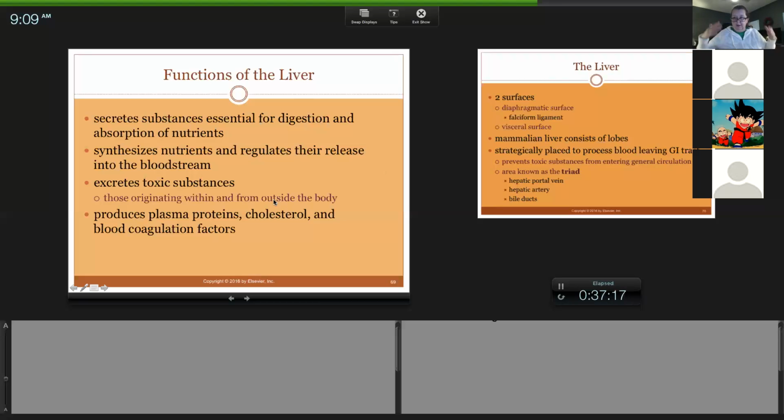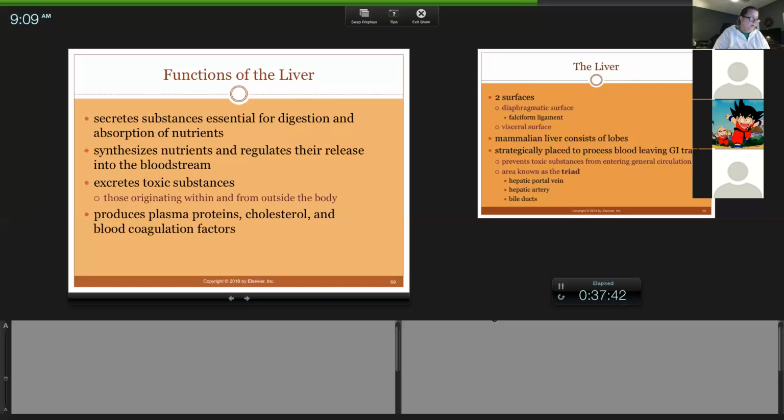What that means is the animal potentially ate something toxic. And remember I said, that's a protective mechanism. If you ate something bad by accident, that blood is going to go to the liver. The liver's going to go, nope, we don't want that. That's bad. And it's going to get rid of that toxin.